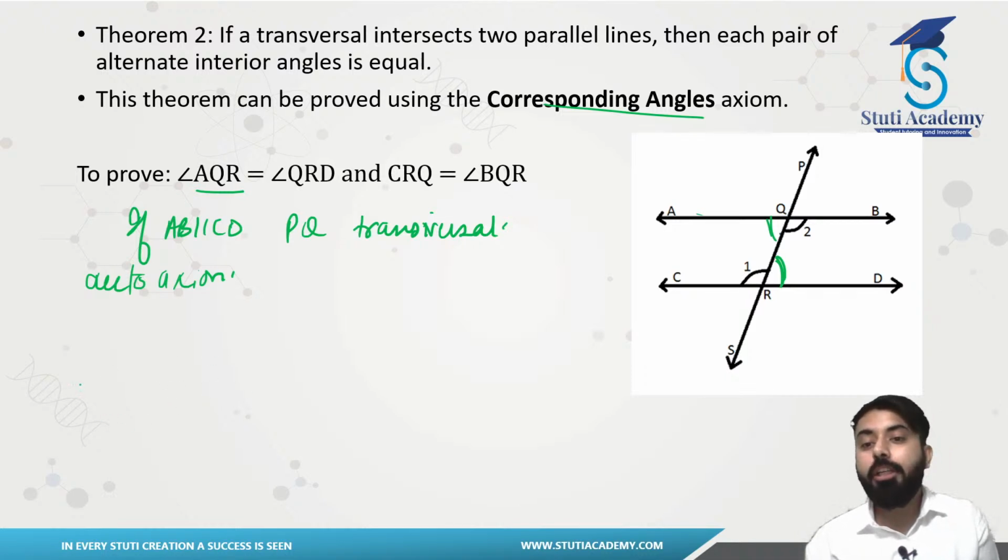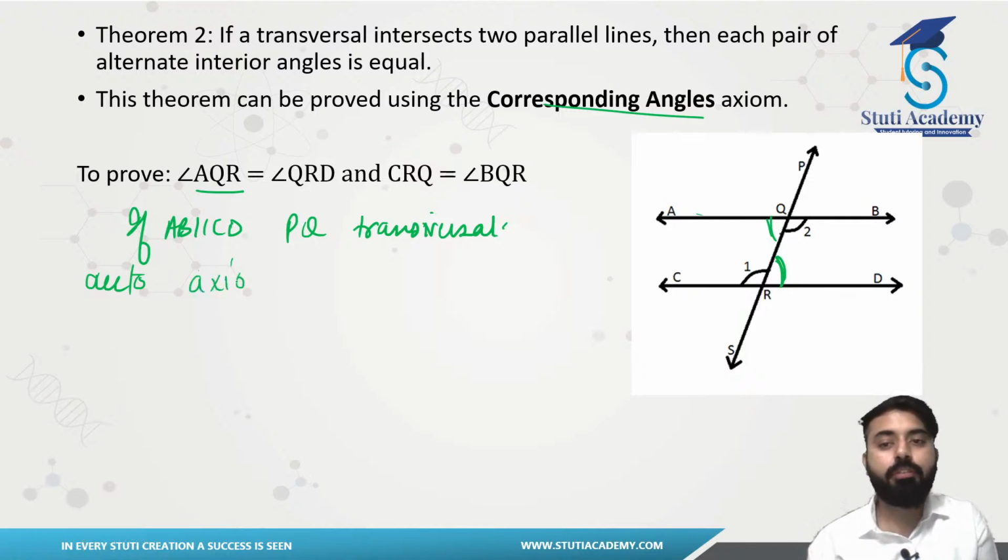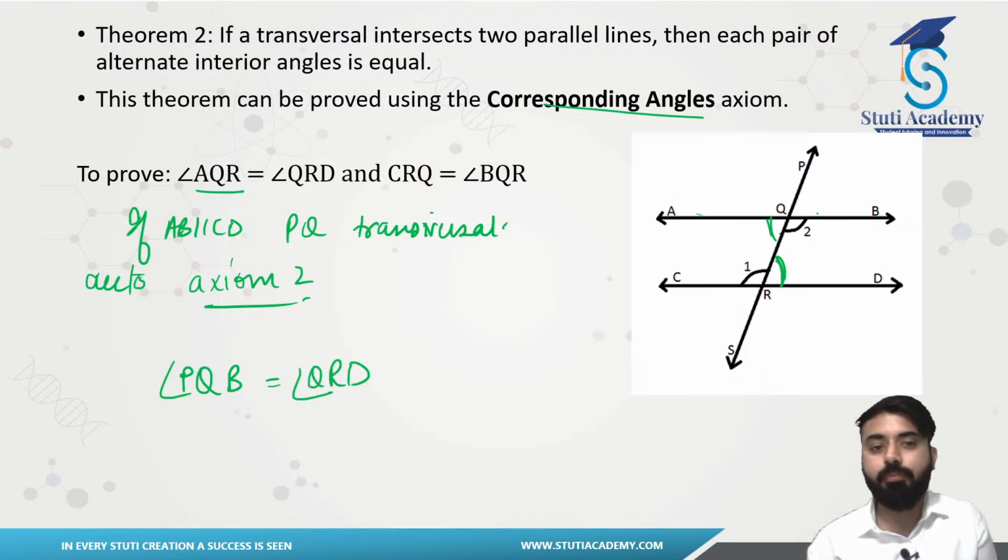So according to that axiom that we have learned earlier, it states that the corresponding angles should be equal, right? So according to axiom 2, a pair of corresponding angles have to be equal. So I know angle PQB will be same as angle QRD. That means this angle will be same as this one. Similarly, angle AQP will be same as angle CRQ.